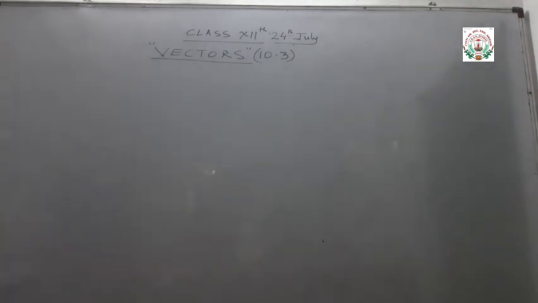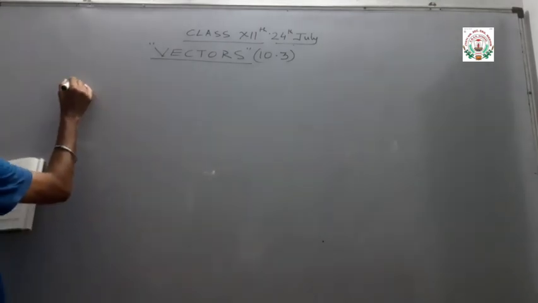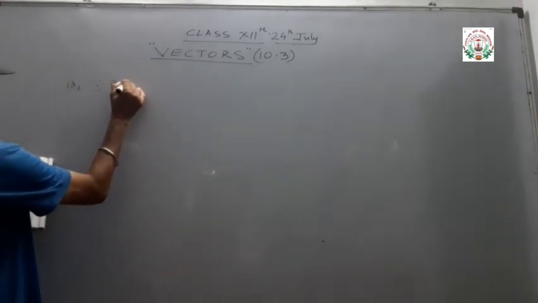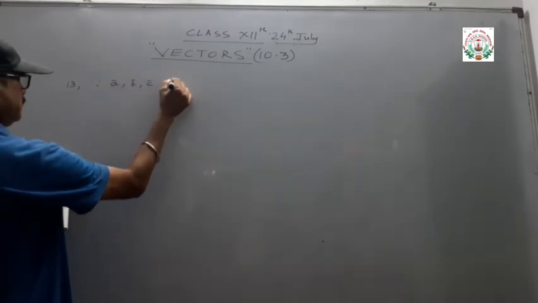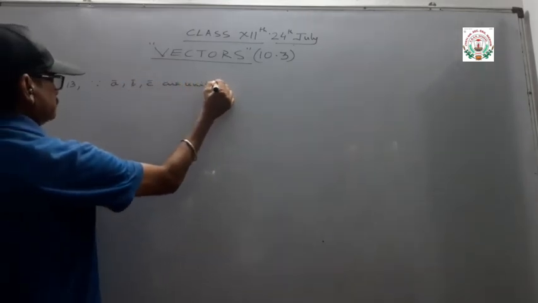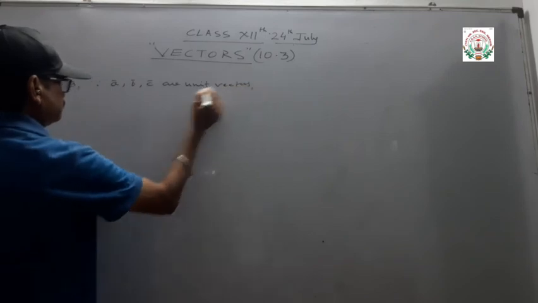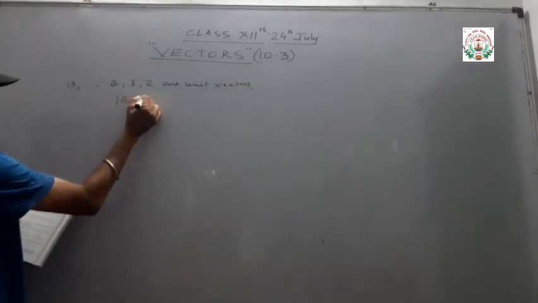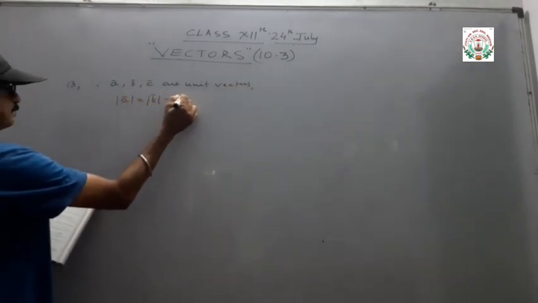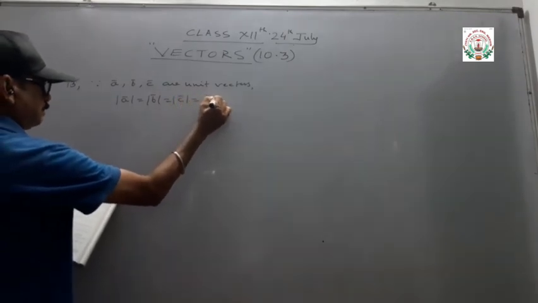Question number 13. If A vector, B vector and C vector are unit vectors, since vector A, vector B, vector C are unit vectors, और यूनिट वेक्टर से कंडीशन होती है कि उसका मैग्नीट्यूड तीनों का यहाँ 1 होगा.